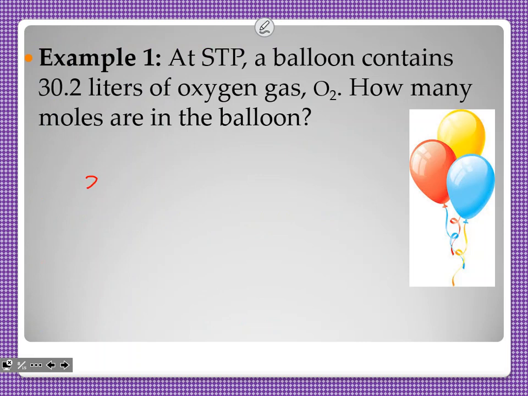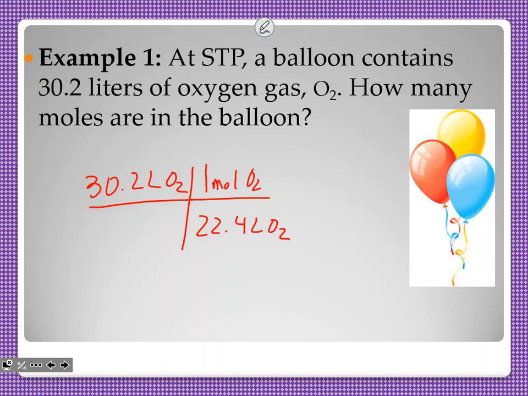Let's go ahead and do that. 0.35 is correct. We have 3 significant figures here. And yes, we are correct. Very good. Now let's look at this second example.